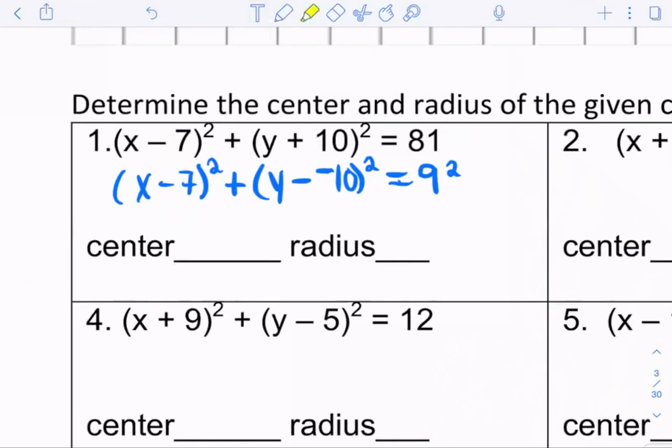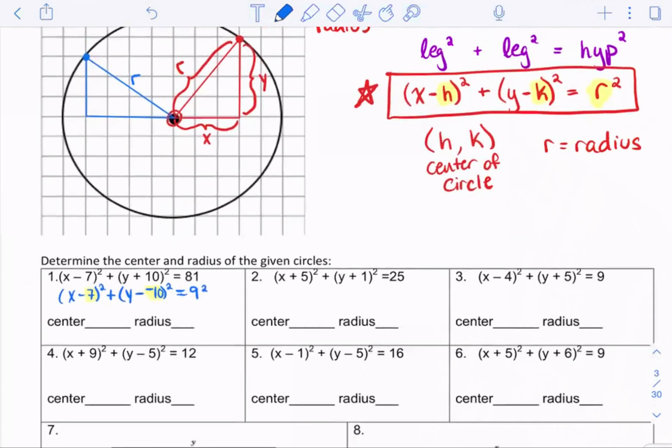Do you think you can? Well, let's give it a try. So we're going to keep the sign of the number. So the center will be -7, -10, Mrs. Talhami?